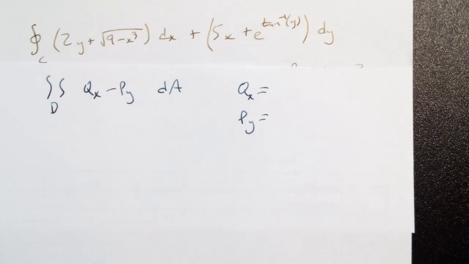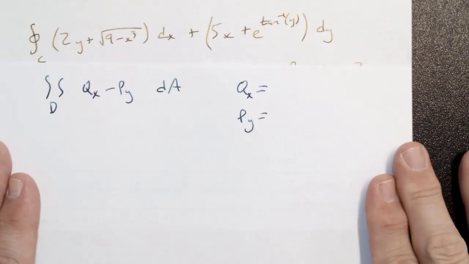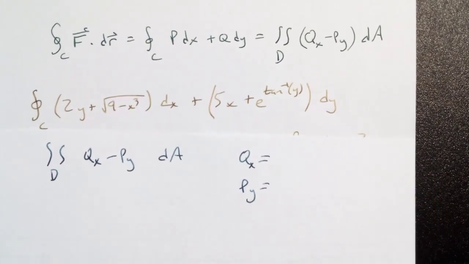I'll go back up to my statement for Green's theorem. What's p? What's q? So all of that junk in that first set of parentheses is p. All of that junk in that second set of parentheses, that's q.